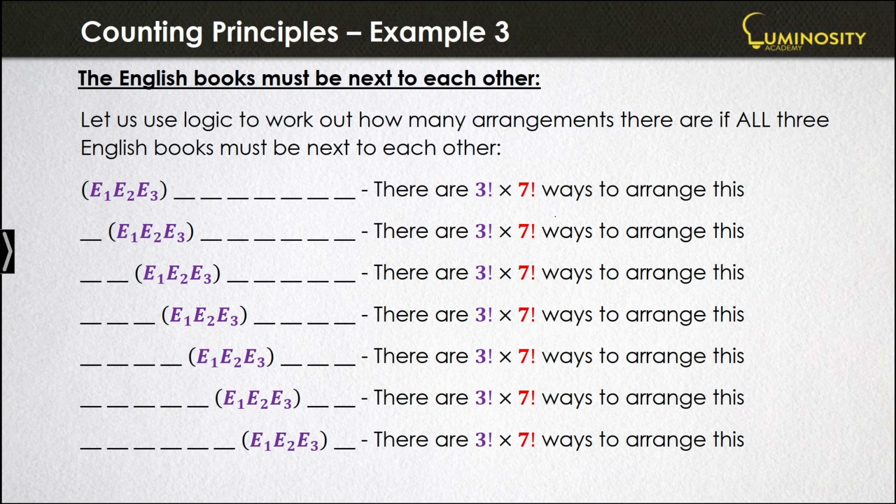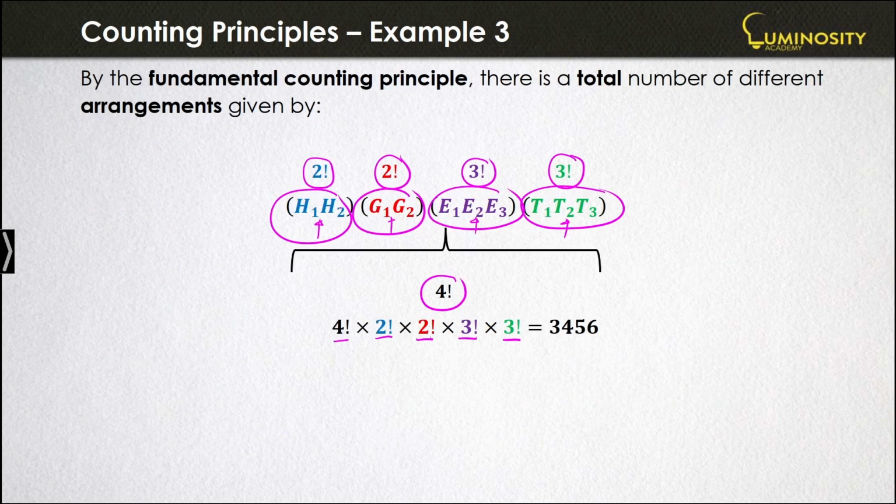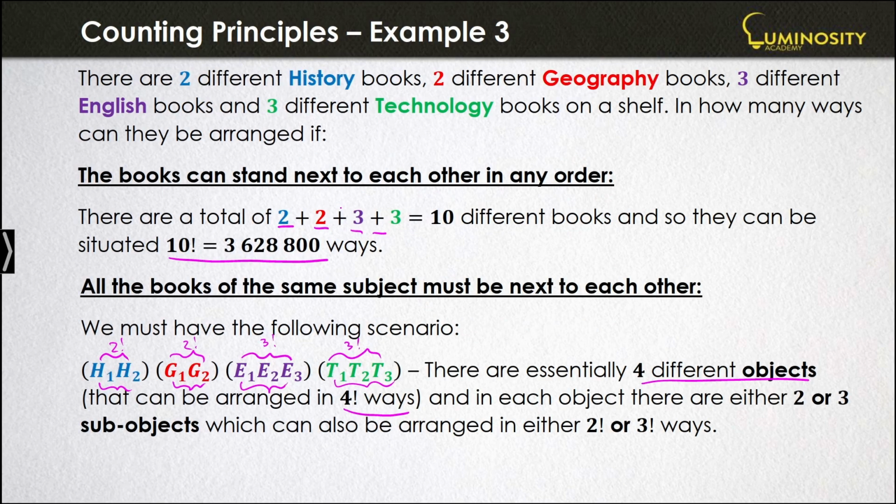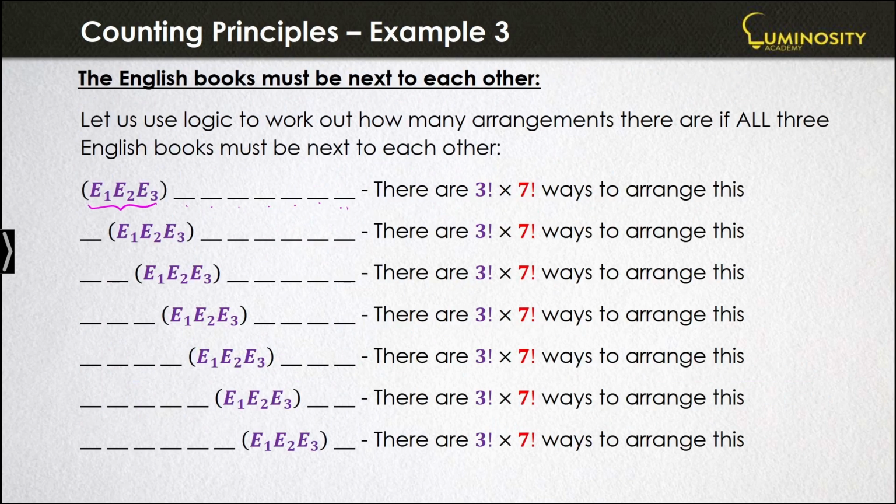First, recall there were 10 books in total. Say the 3 English books were here, and then there were 7 different spaces for all the other books: the 3 technology books, the other 2 English... what were the other 2 subjects? History and geography.